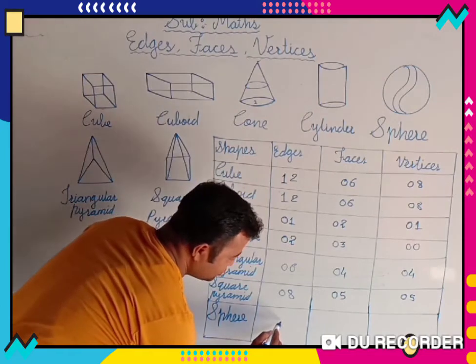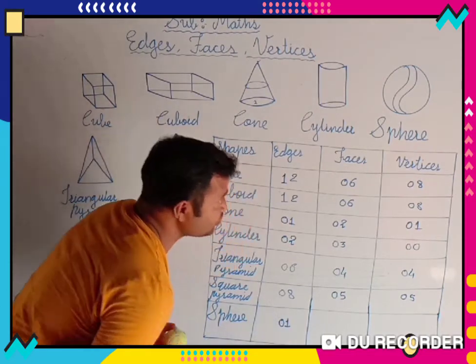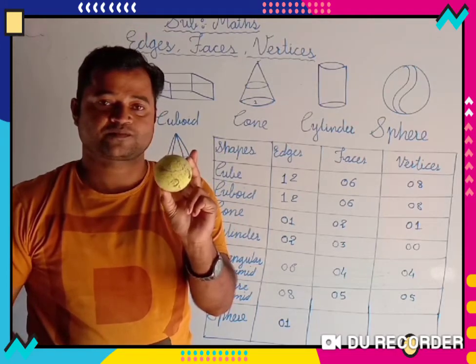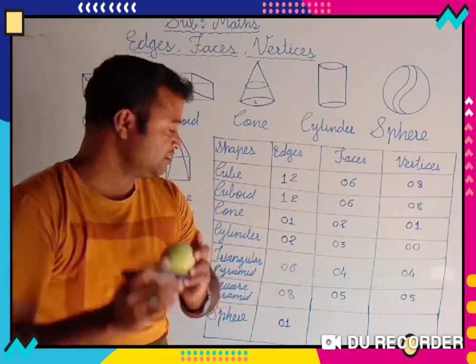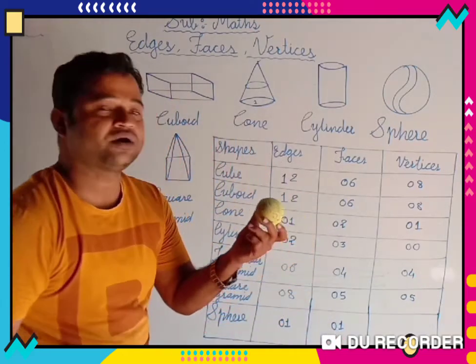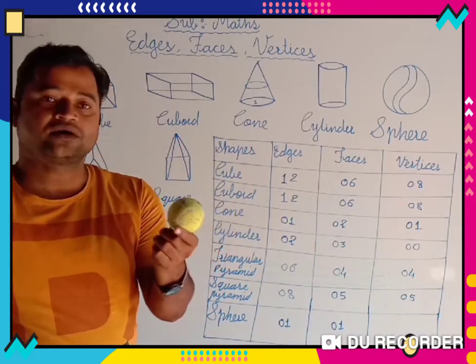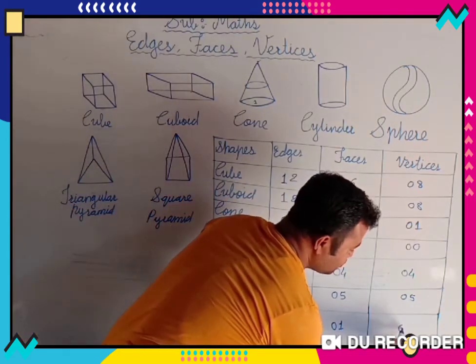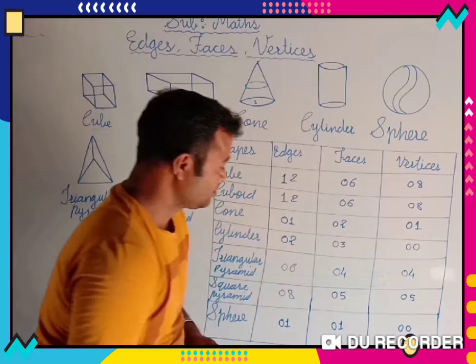So it has 0 edges. A sphere has one face which is circular, right? And there is no question of vertices in a sphere. So it has 0 vertex, right?